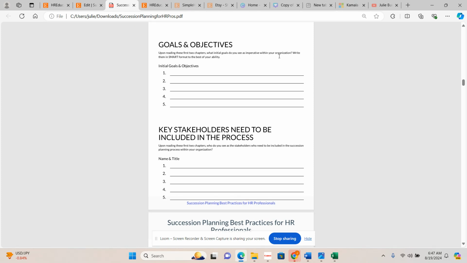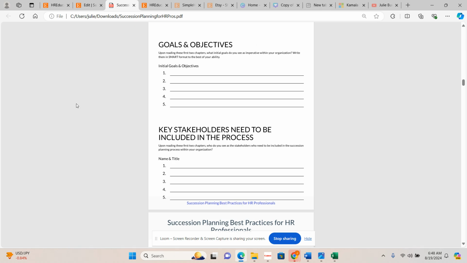Write those SMART goals out to the best of your ability. Now, it's not saying go ahead and write out what your goals are really going to be. It's basically just getting you to put pen to paper and get your mind thinking as an HR professional who may or may not actually be accustomed to succession planning.